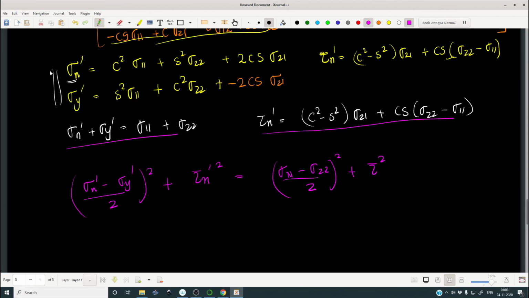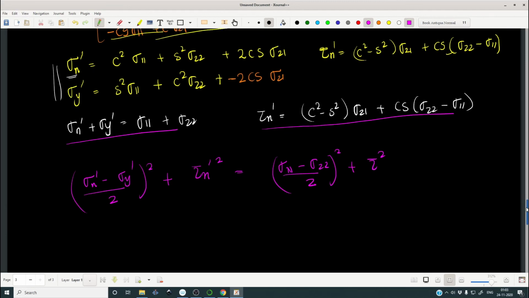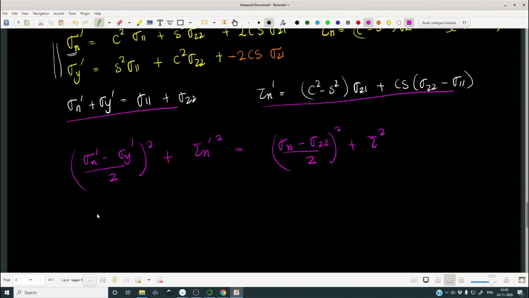This can be shown using these expressions, and with the help of this we can finally write down an expression like this, with σn'.